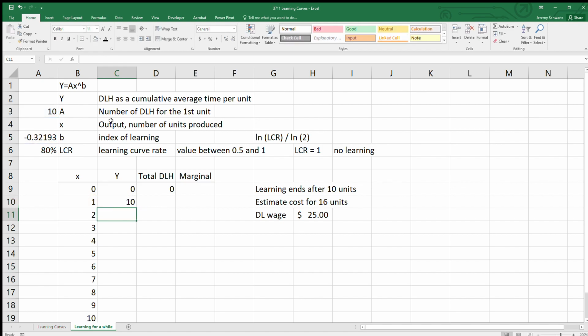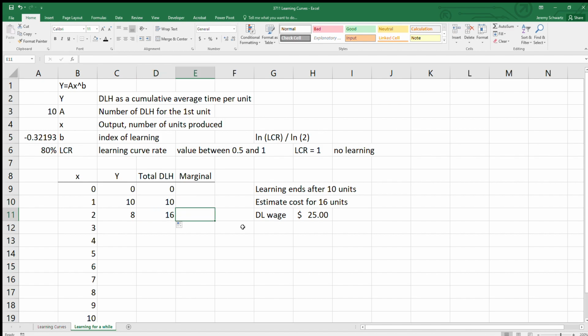I'm sorry, the first one is, well, that is 10. And then we would have this formula copy down there. And so then as we go to the second one, this should be 80%, and we see that goes to 80% of that value.